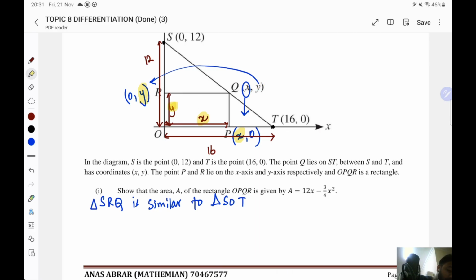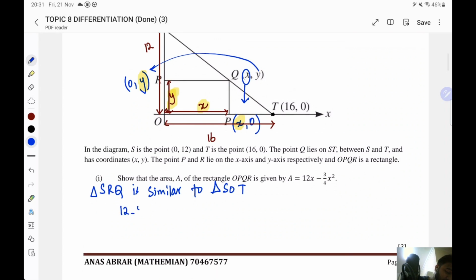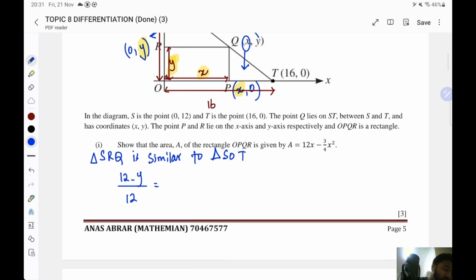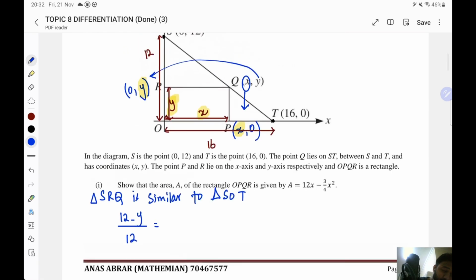So let's write down the lengths. This is L1 over L2, so that will be 12 minus y divided by 12 of the bigger triangle, and it will be equal to the ratio of the other two corresponding sides, which will be x divided by 16.